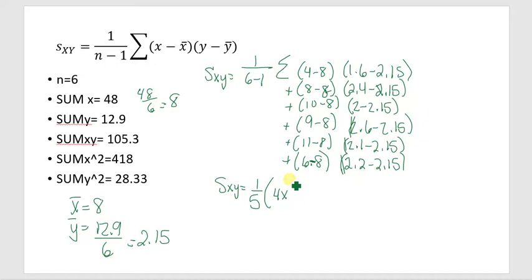1.6 minus 2.15, negative 0.55, plus 8 minus 8 is 0, so we don't even have to include that one. Next, 10 minus 8 is 2.